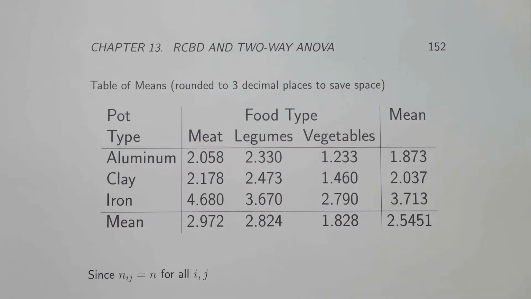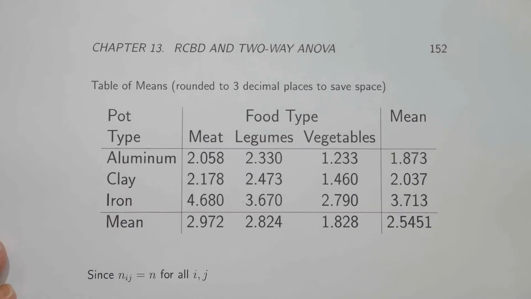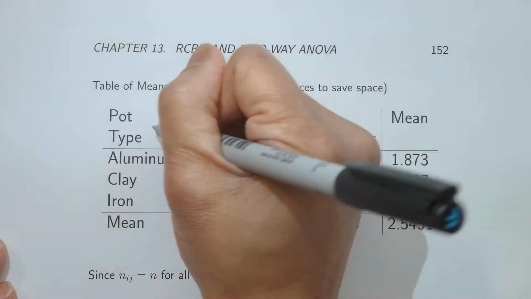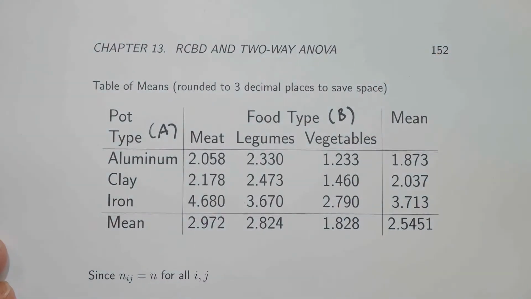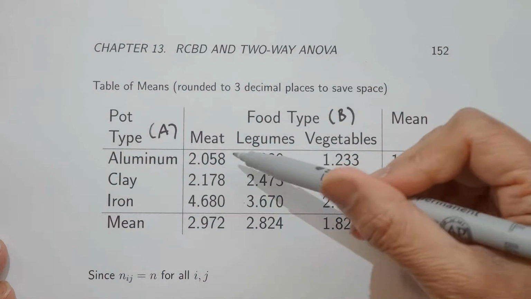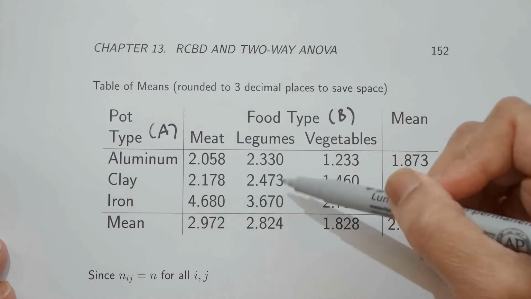In today's lecture I've often rounded to 3 decimal places just to save space. But again, we have our pot type, which is factor A, our food type, which we can consider to be our factor B, and inside what we have are the cell means.